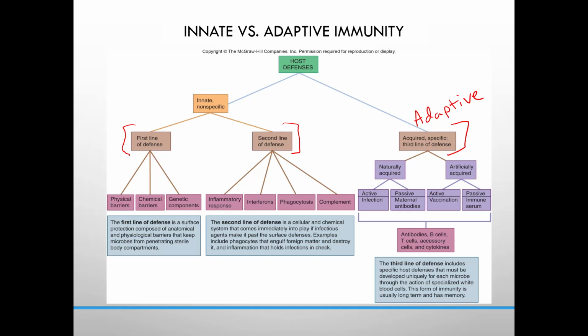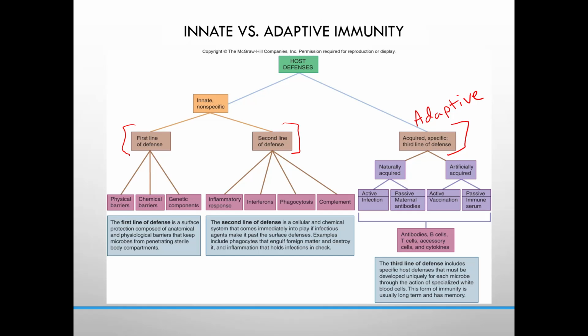The complement system kind of mediates phagocytosis. It serves as a receptor for binding to phagocytic cells, and a component of the complement system aids in phagocytosis. It helps aid in the inflammatory response, and it also helps to form this membrane attack complex and help puncture holes inside of bacterial cells.